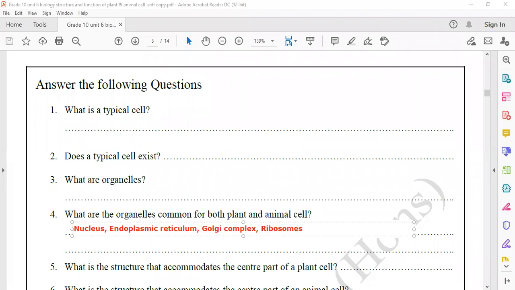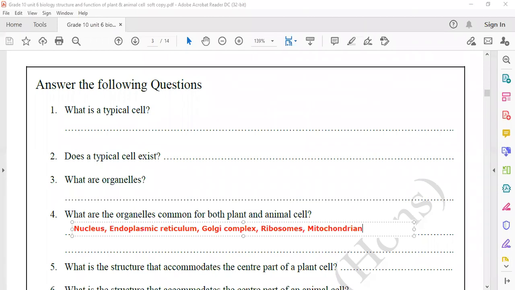Ribosomes, mitochondria, all these are organelles common for both plant cells and animal cells.